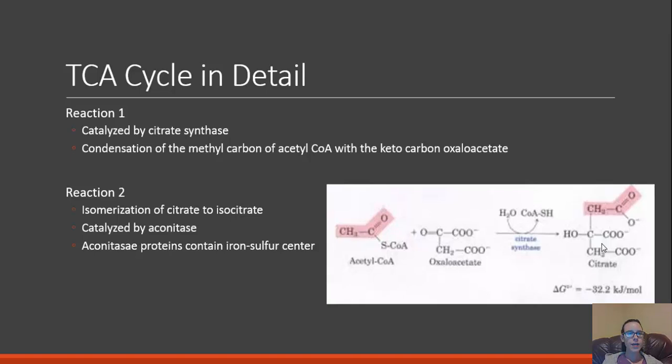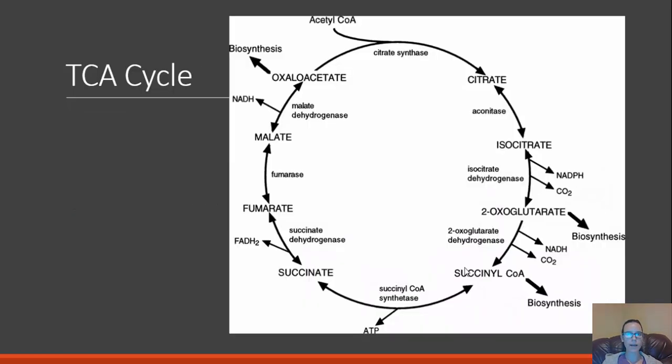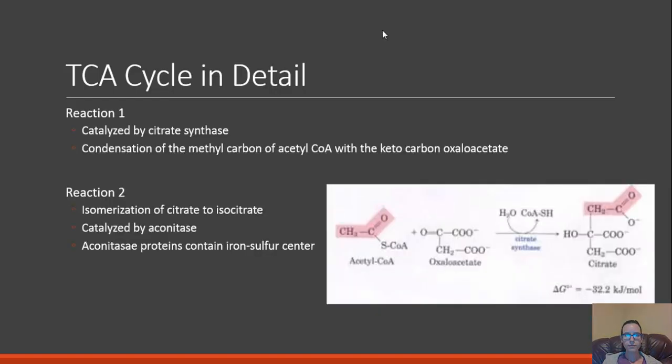Okay, so first we have reaction 1, which is catalyzed by citrate synthase. We have the acetyl-CoA plus the oxaloacetate. Hold on, that might be confusing, so I'm going to go back. Oxaloacetate is produced in the last step of the TCA cycle, and that's what's combined with the acetyl-CoA.